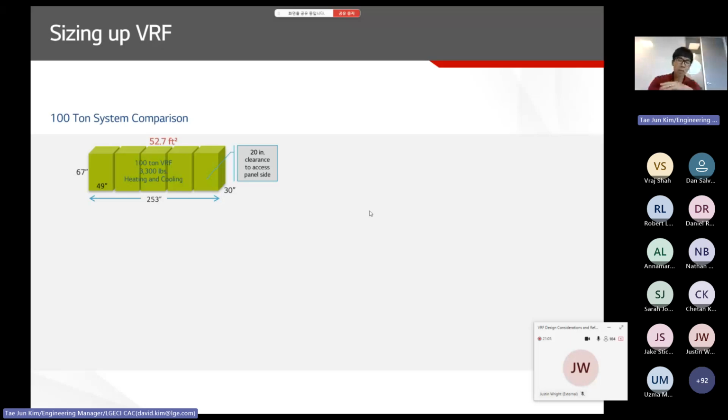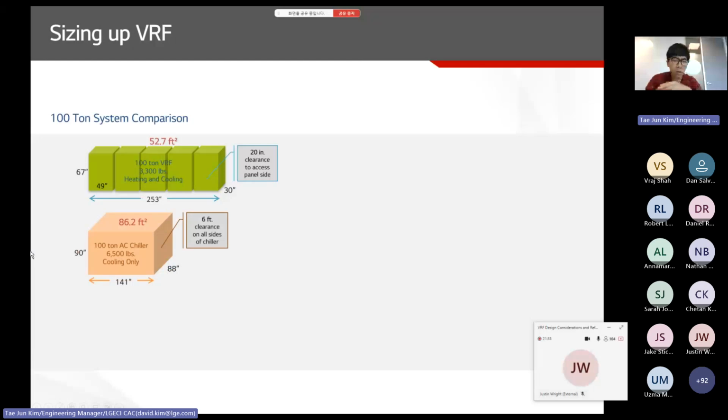The biggest single-frame unit on the market right now is 20-ton, so I'm using 5 VRF outdoor units to make up that 100-ton system. The total area of this 100-ton VRF comes out to around 52 square feet. With the VRF, the condenser and the indoor units are basically all you need.